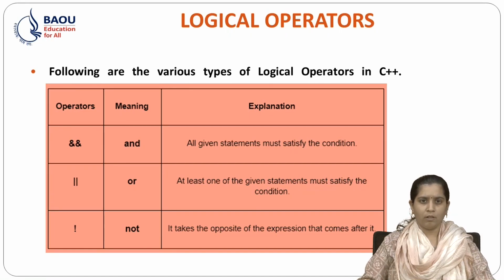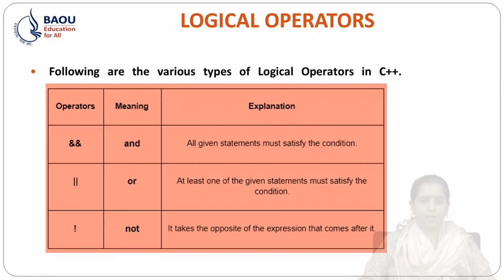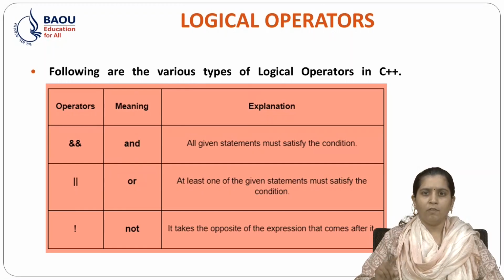Logical OR operator in the programming language is denoted by two vertical lines symbol, and the logical OR operator returns the Boolean value true or 1 when any one of the operands satisfies the condition and is true in nature.